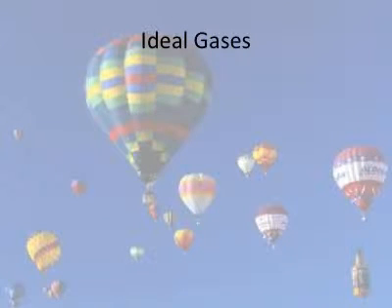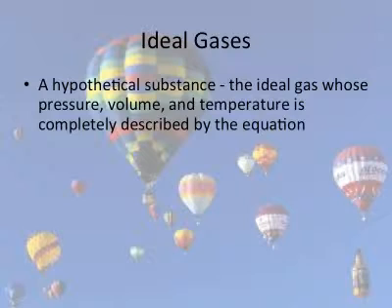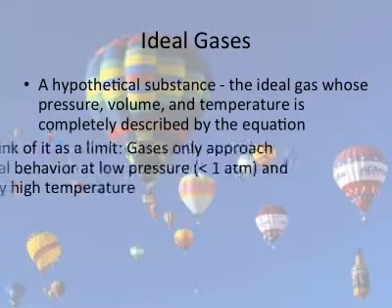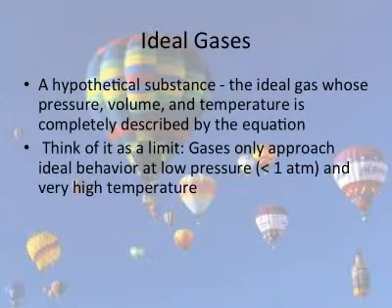Okay, so ideal gases are honestly a hypothetical substance. Do you think anything is ever going to behave always at 1 atmosphere, always at 273 Kelvin, always 1 mole, always 22.4 liters? Probably not. So it's kind of a hypothetical ideal, but the ideal gas whose pressure, volume, and temperature is completely described by the equation. So honestly, when we're talking about these types of gases, you almost need to think of it as a limit. Gases approach ideal behavior at low pressure and very, very high temperatures.